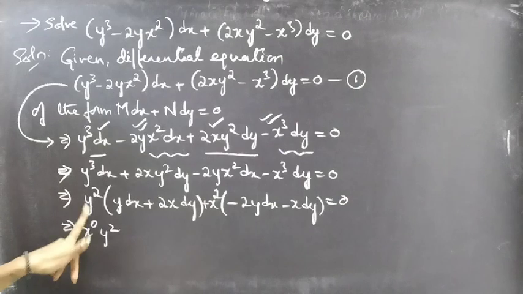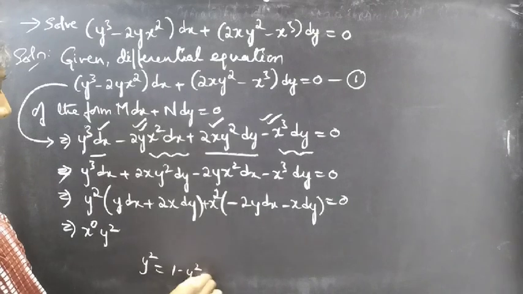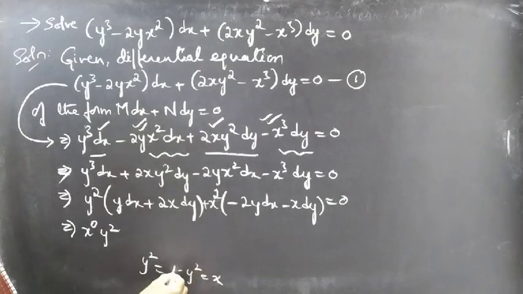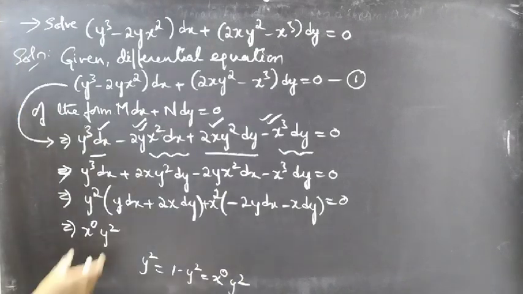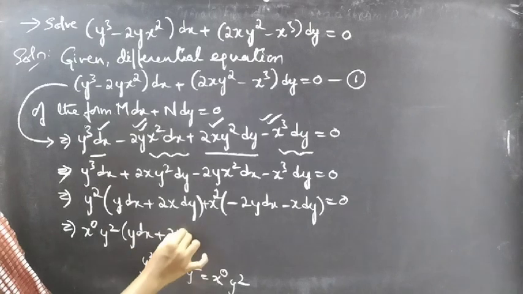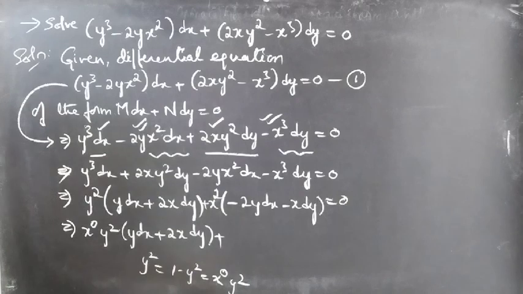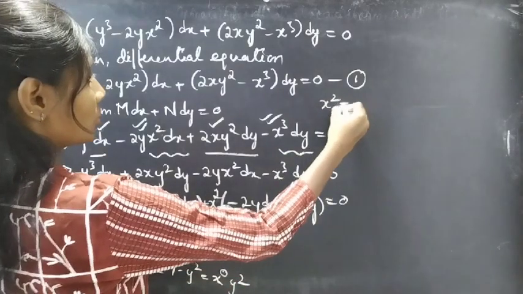Okay, here you are having just y square, right? Y square is nothing but 1 into y square, and you can replace 1 by x power 0 since x power 0 is 1, right? So you'll get x power 0 y square into (y dx plus 2x dy) plus, here you're having x square, right?